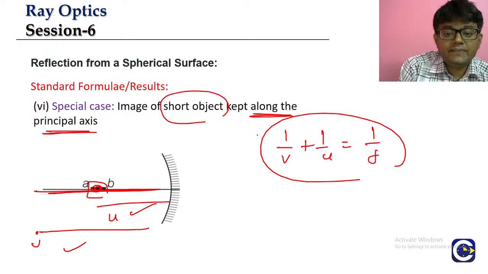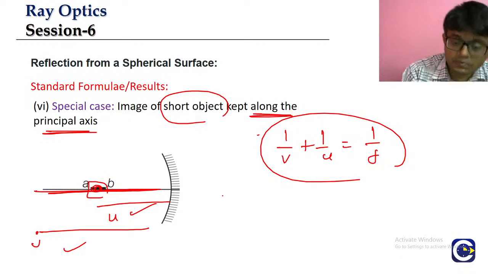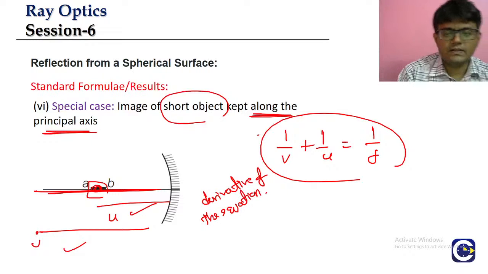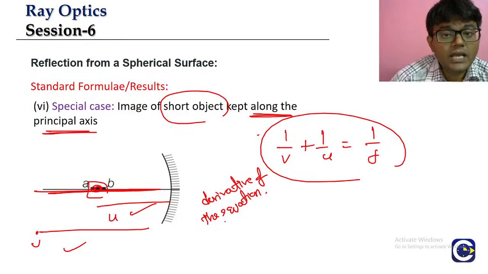We differentiated this particular equation. We took a derivative of the equation, right? Now we are going to do the same thing. We are taking the derivative of the equation.